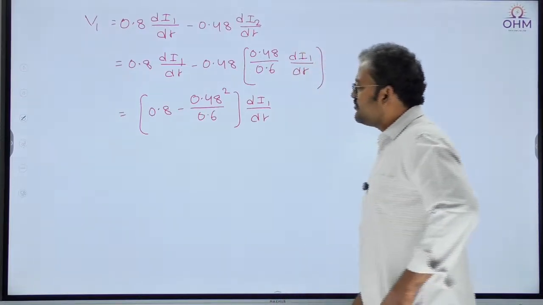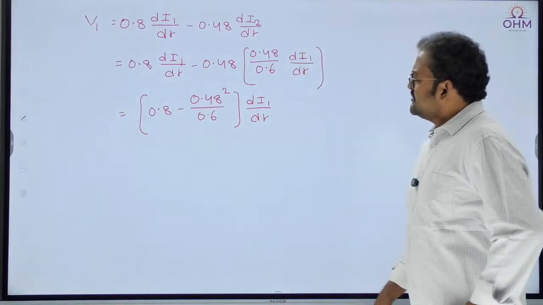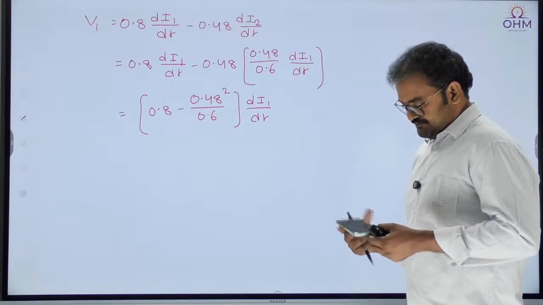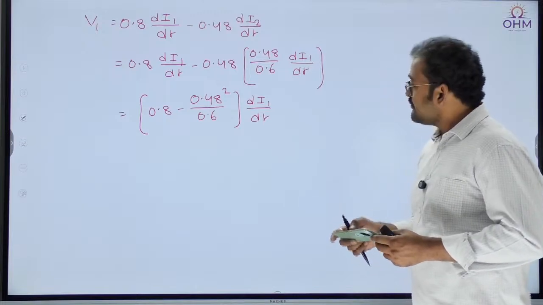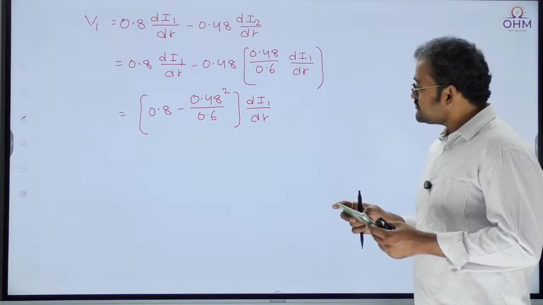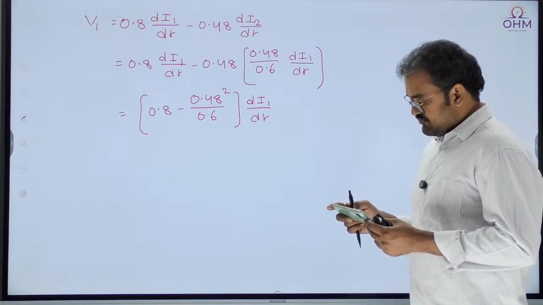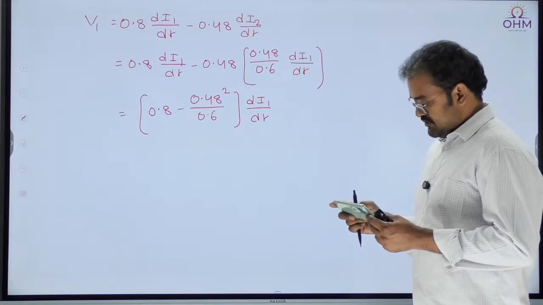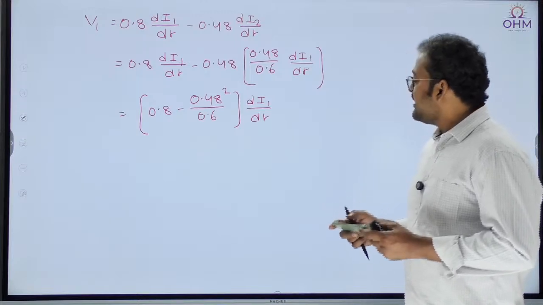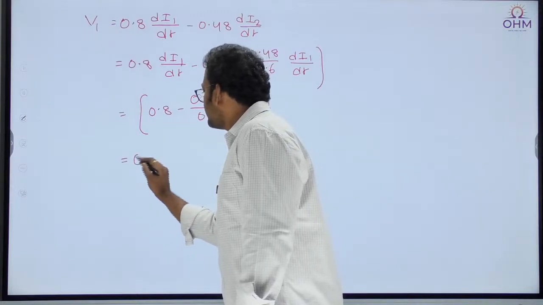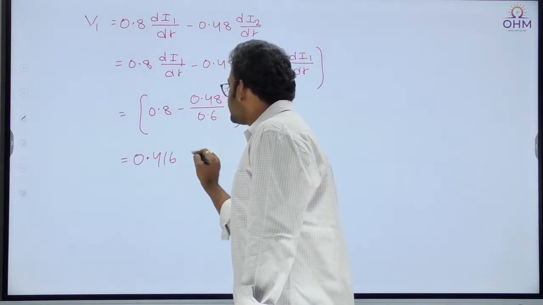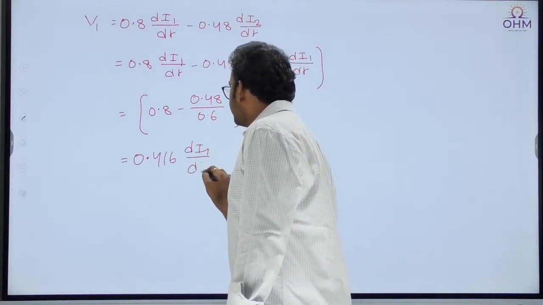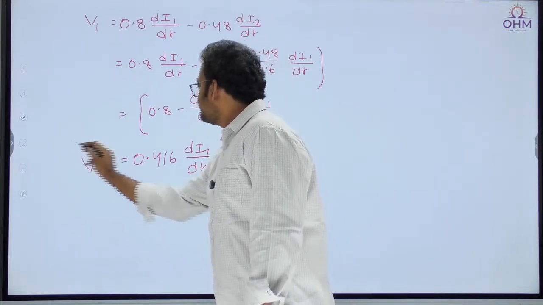Let me calculate what is this total value. 0.48 square divided by 0.6. So I'm getting 0.416 di1 by dt. This is v1.